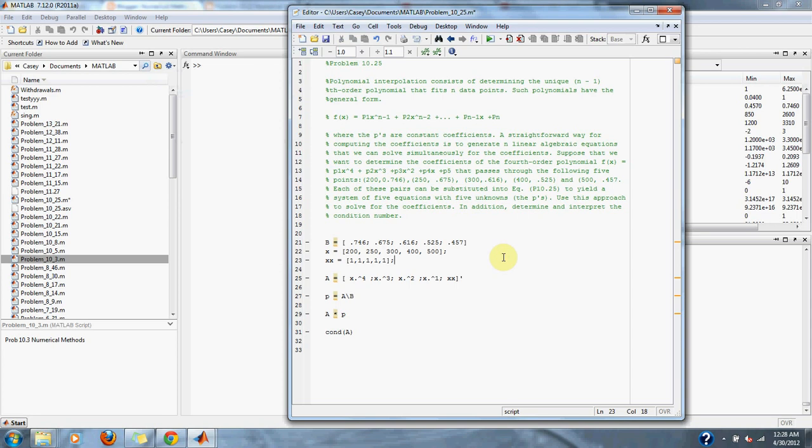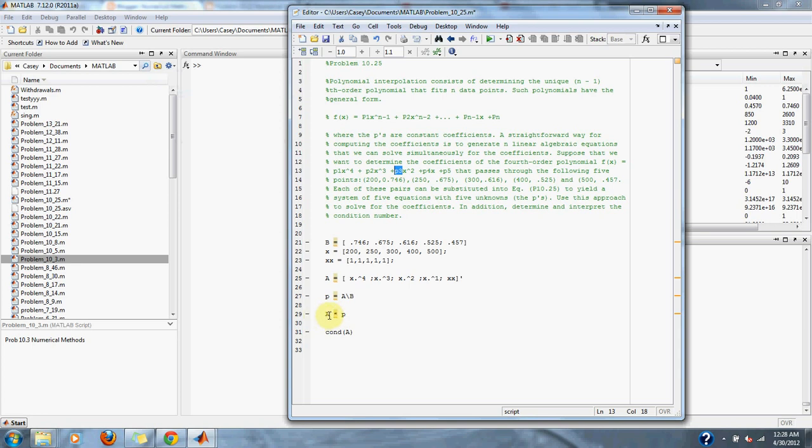And then we simply solve for our p's, or our coefficients, by taking A backslash b, and then that'll give us our p's, or our coefficients.